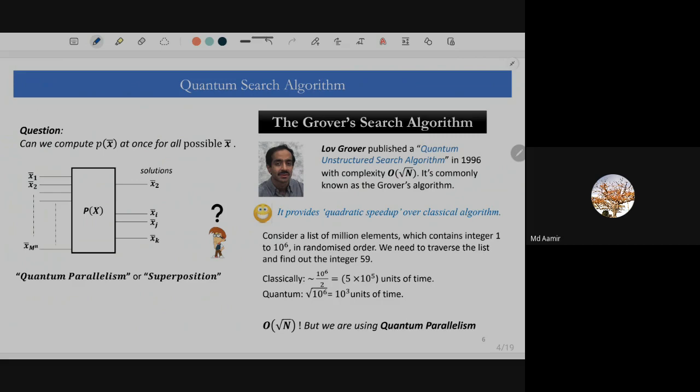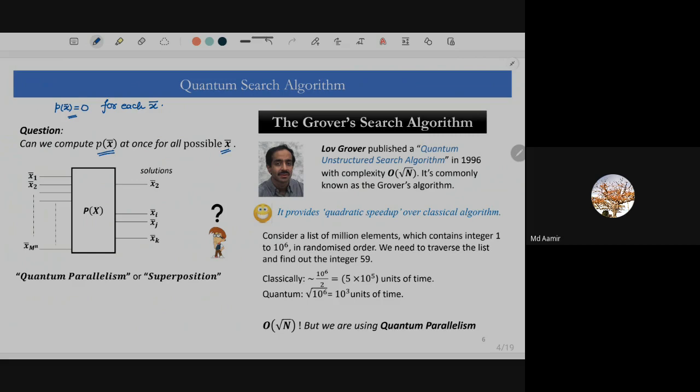The bottleneck in the last example, the mathematical description, is that we had this p of x bar equals 0 that we have to check. For this, we were evaluating for each possible combination of x bar this p of x bar. But can we compute p of x bar for all values of x bar at once?